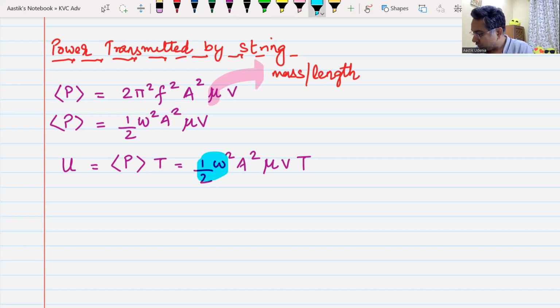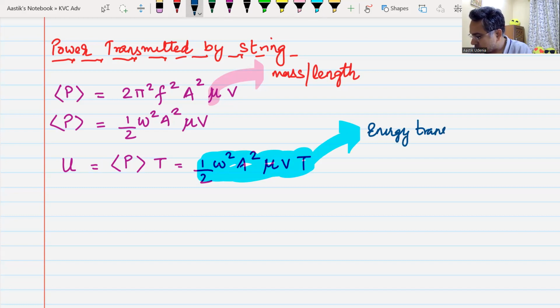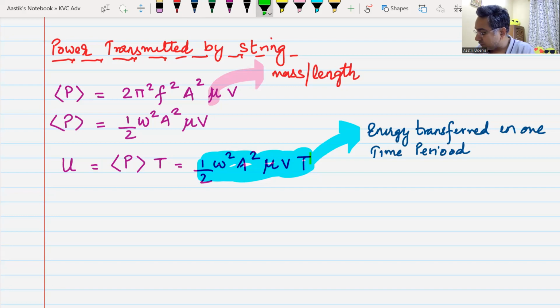So you can remember this in two ways. This is the energy transferred in one time period. Or you can remember it this way: this is the energy stored in one wavelength.